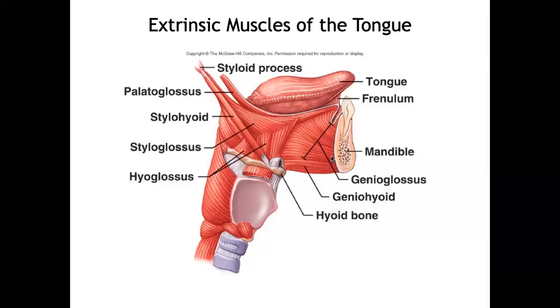Origin is from the genial tubercles, insertion is to the under surface of the tongue. The anterior fibers of the genioglossus pull out the tongue, keeping the tongue from falling back onto the epiglottis and closing the inlet of the larynx. So that's why it is called the lifesaver muscle of the tongue.